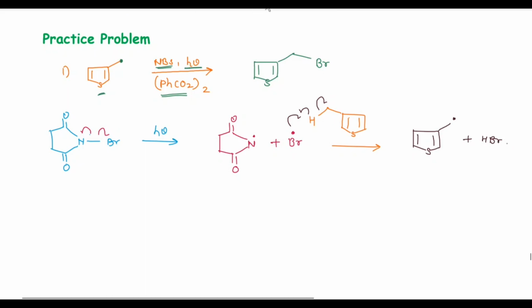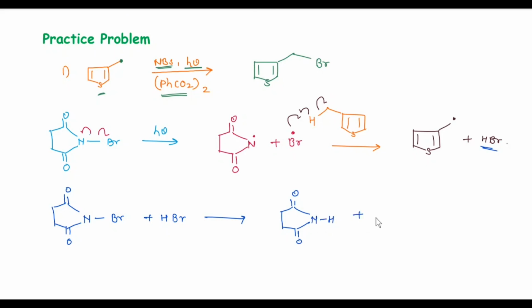The next step is the propagation step, in which this HBr reacts with NBS and we get succinimide plus Br2.